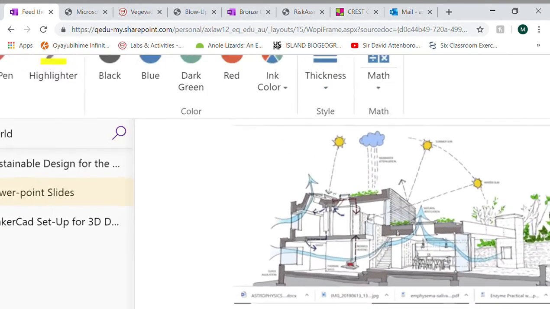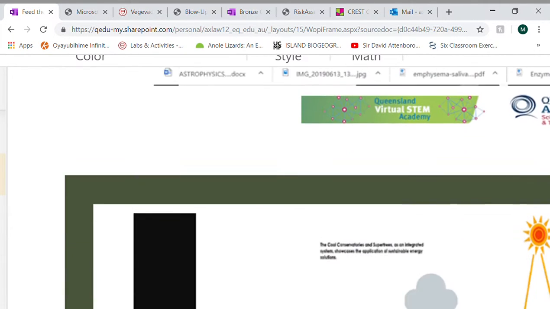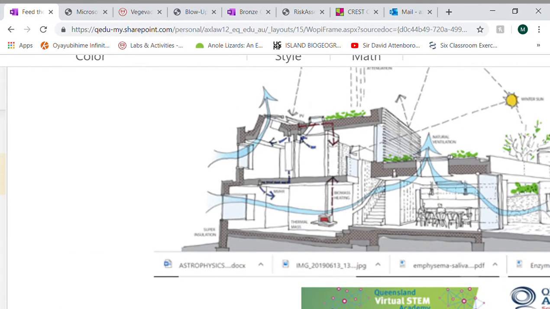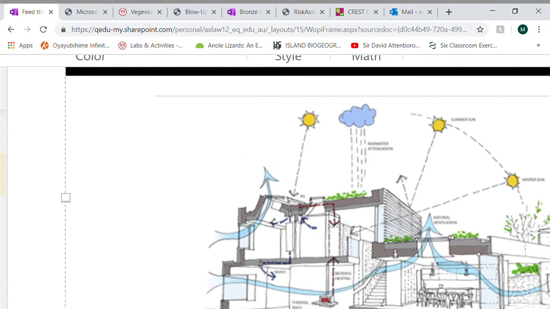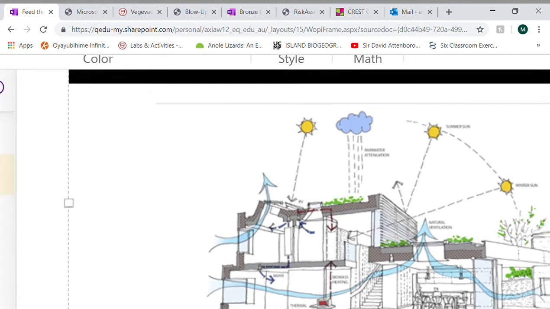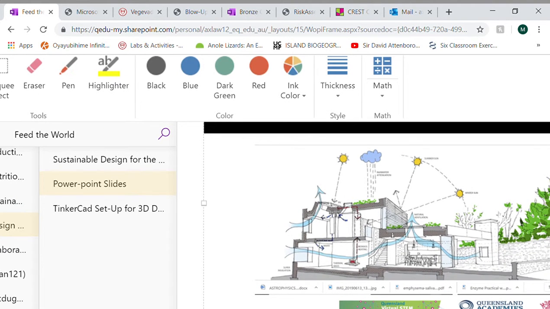Okay, so I'm just going to zoom in here. Just at the top of this picture, let me see if I can get my pen and draw on it. You'll see that the sun is coming into our solar panels just here.